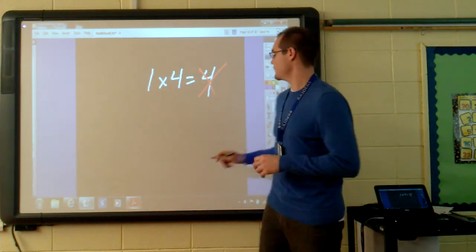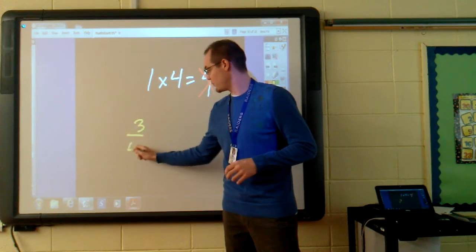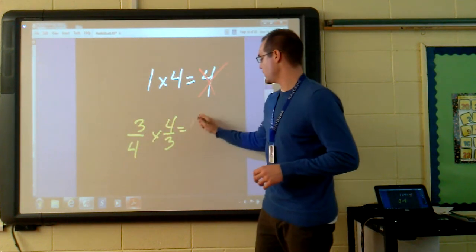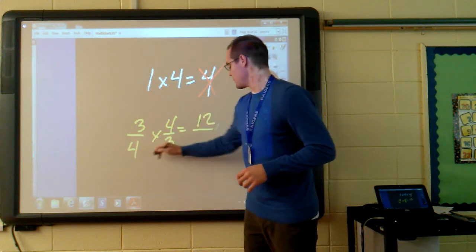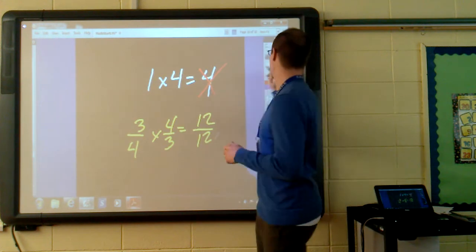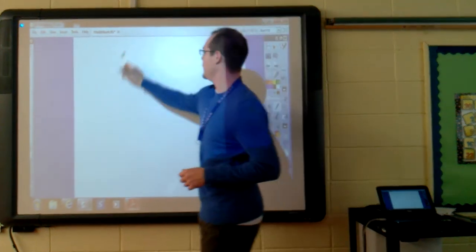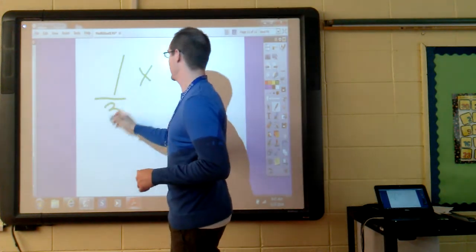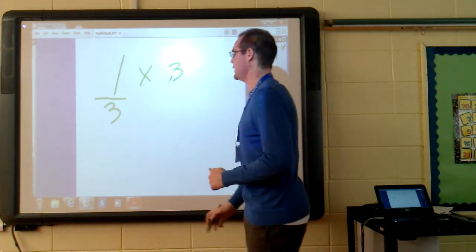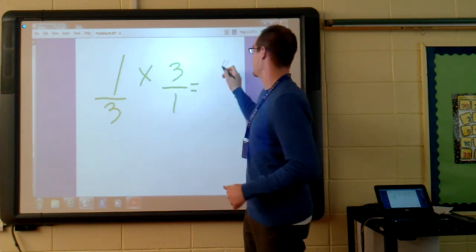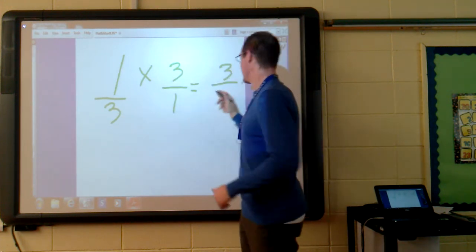Well, let's try some numbers that are reciprocals. 3/4 times 4/3. 3 times 4 is 12. 4 times 3 is 12. Well, it fits that one. Let's try another one. 1/3 times 3. 3 would be its reciprocal because we put it over 1. 3 times 1 is 3. 3 times 1 again is 3.